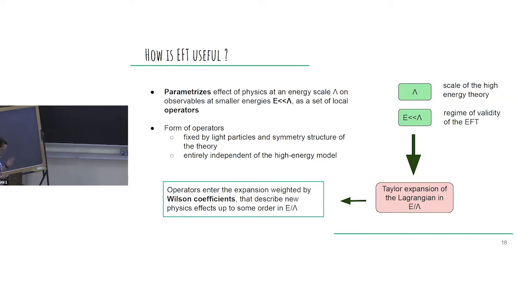Basically, we add to the standard model Lagrangian a series expansion in terms of this energy ratio, and this expansion contains operators that can describe point-like interactions between different particles, and each operator is weighted by a free parameter, a Wilson coefficient, that can describe the new physics effect.